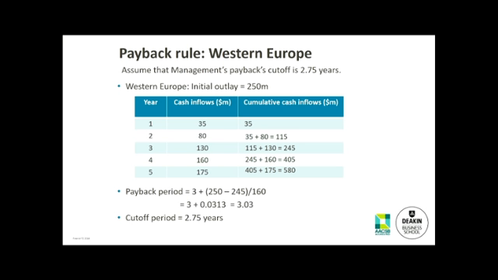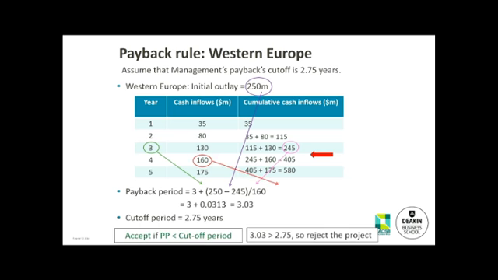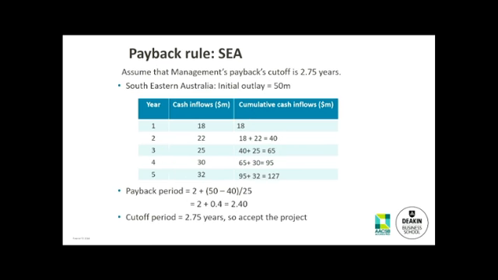But what about the Southeastern Australian? For Southeastern Australian, what happened? How much is your initial investment? 50 million, right? Year 1, 18 million. Year 2, 22 million.